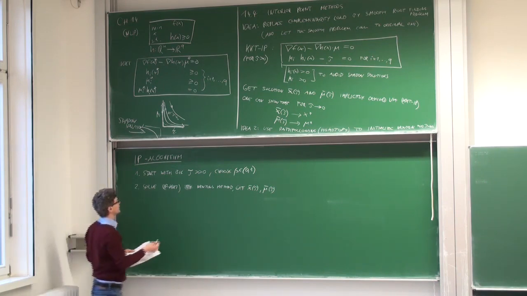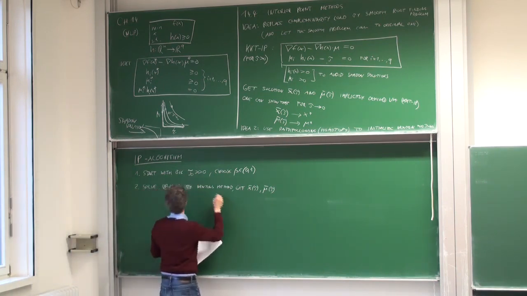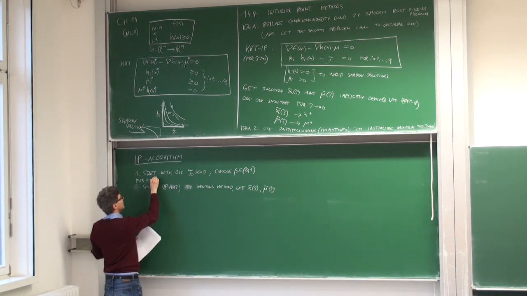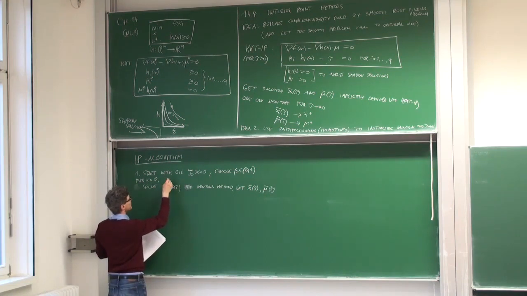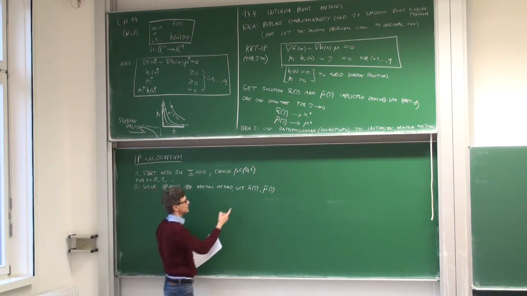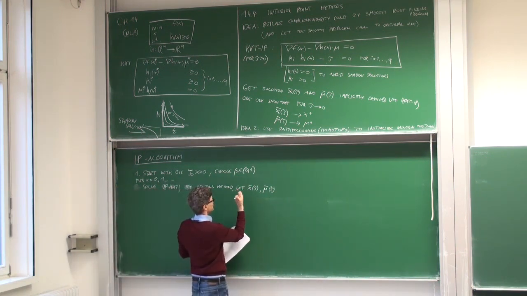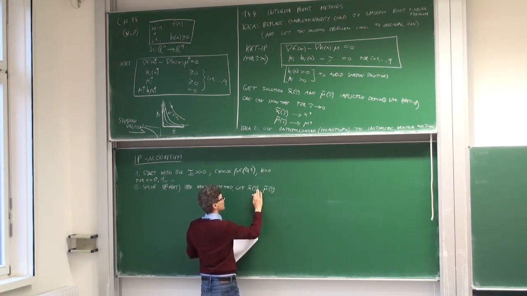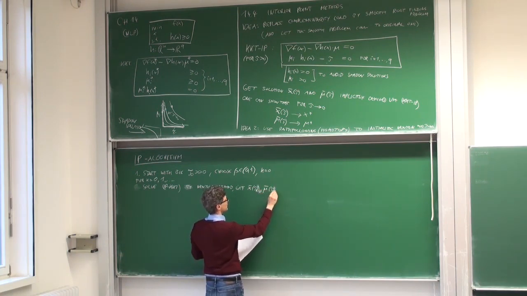I will call this tau 0, and then here I will do a loop for k equals 0 to something big enough. Here I set k equal to 0, and here I solve it for tau k.